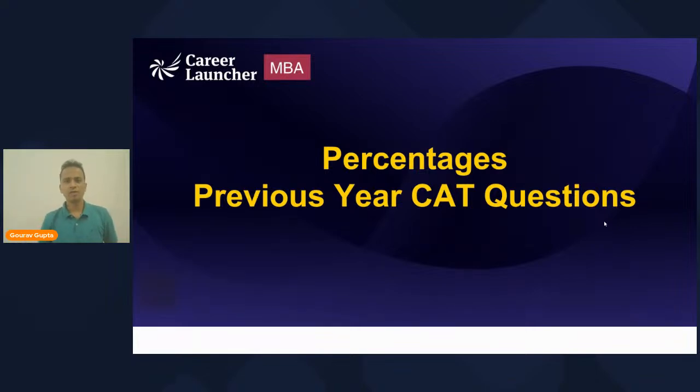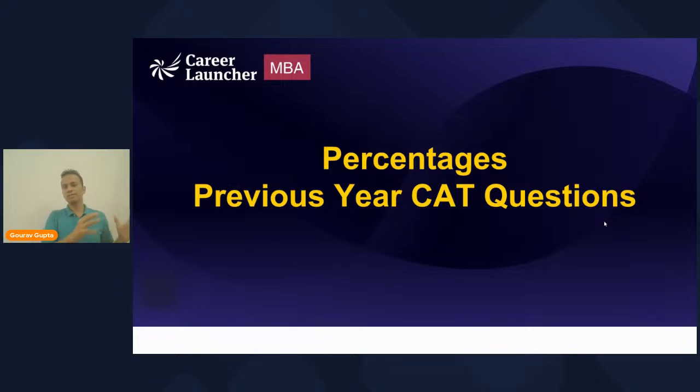Now, today we will continue the series that we have started a few days back. It's already been a few days. We have conducted a session on the previous year paper questions of CAT examination, and in this series we have started picking up the questions of arithmetic.